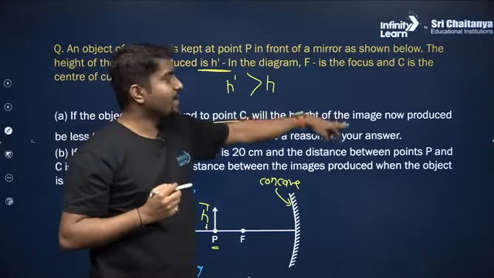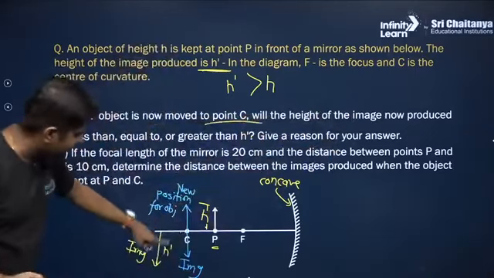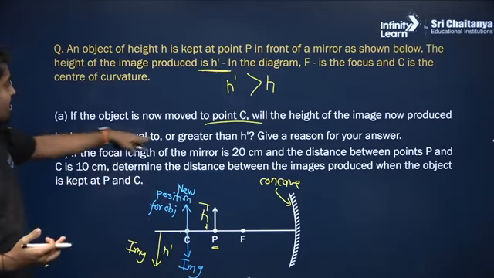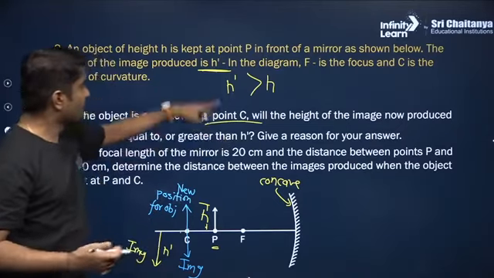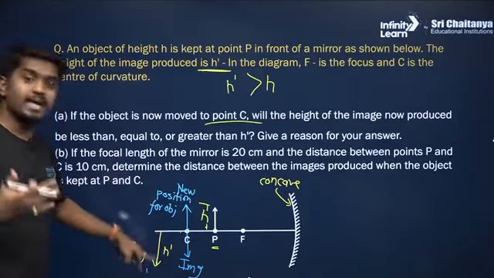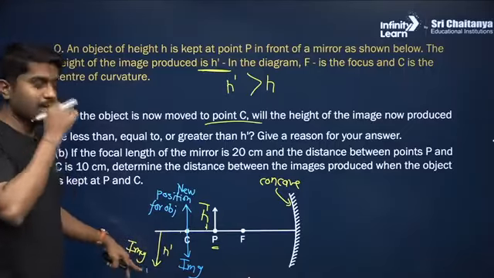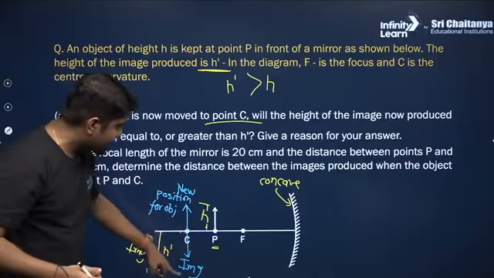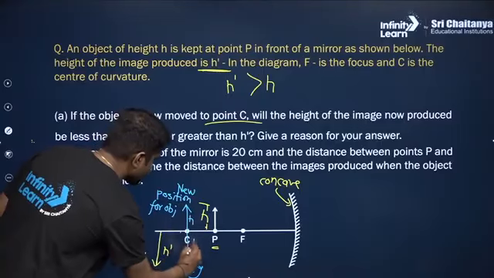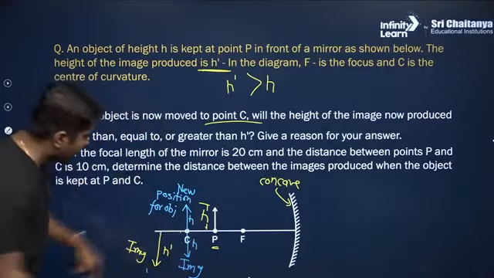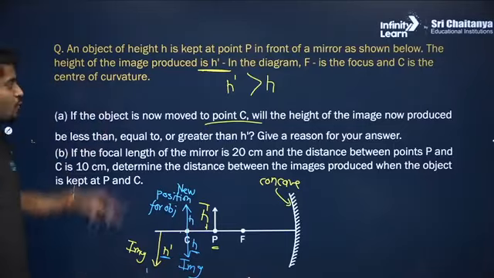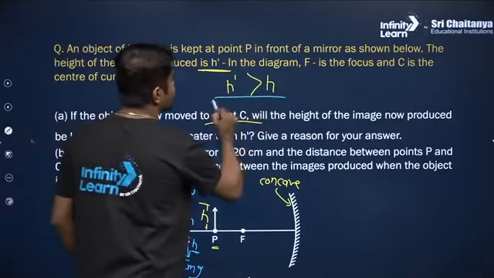Will the height of the image now produced be less than, equal to, or greater than h prime? What is h prime? H prime is the height of the image in the earlier part. So now this image is the same as h. There is h, so this is also h. But we have to compare between h prime and h. We know h prime is greater than h.